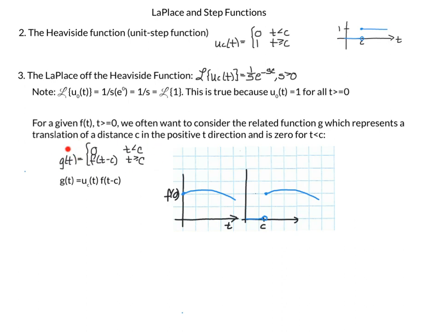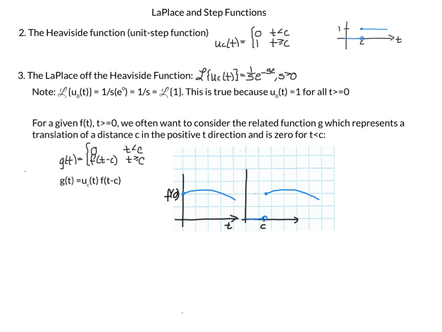And so this is the function we're looking at. g(t) takes f(t) and shifts it over c units. So if f looks like this, g(t) will take this graph and move it over to the right c units, or c units in the positive t direction. And then since here f is not defined for t less than or equal to 0, we have to define this function for t greater than or equal to 0, and we just define it as 0.